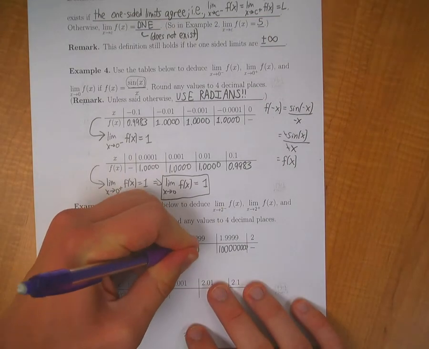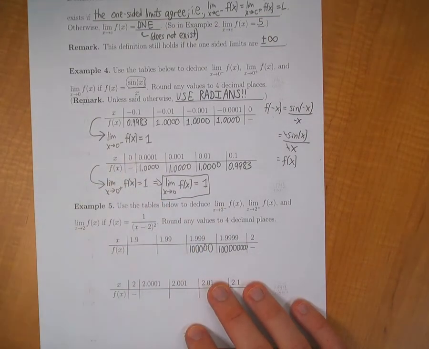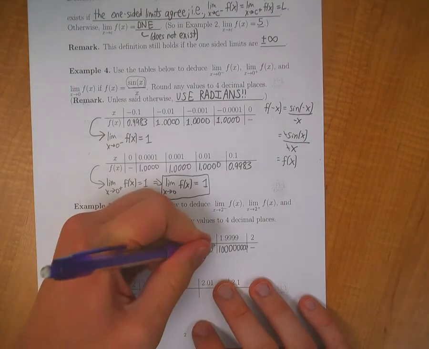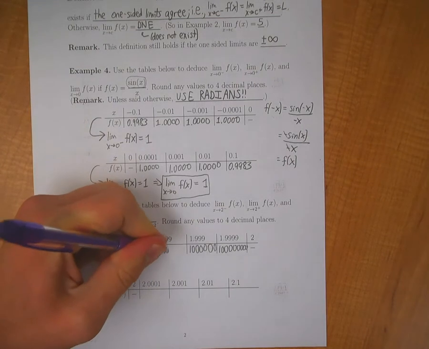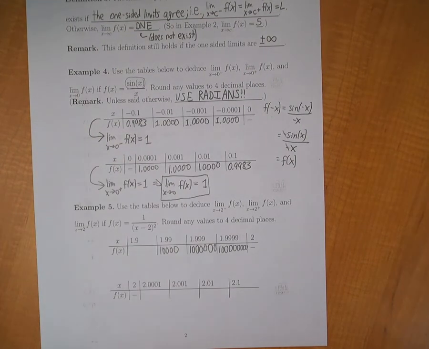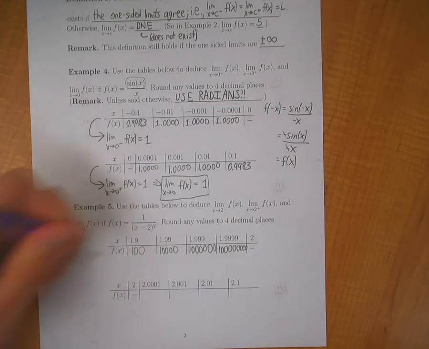Good. 10,000 for 1.99. Good. And last but not least, 100 for 1.9.